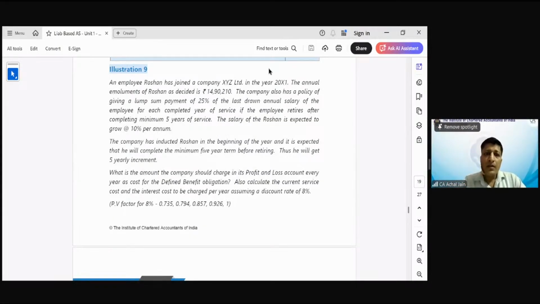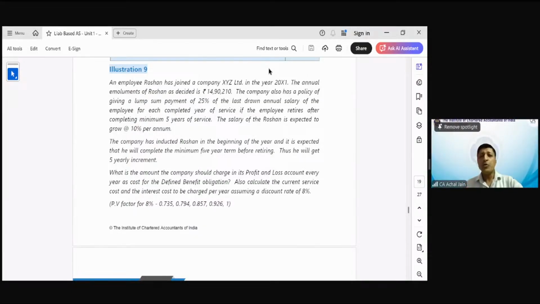An employee Roshan joined a company in X1, it's XYZ Limited. Annual emoluments of Roshan as decided is 14,90,210. Company also has a policy of giving lump sum of 25% of the last drawn annual salary of the employee for each completed year of service if the employee retires after completing a minimum 5 years of service.